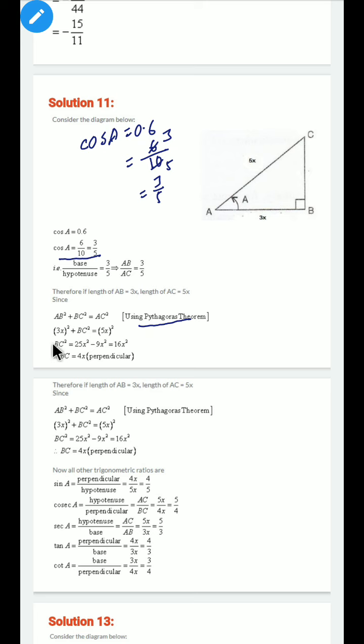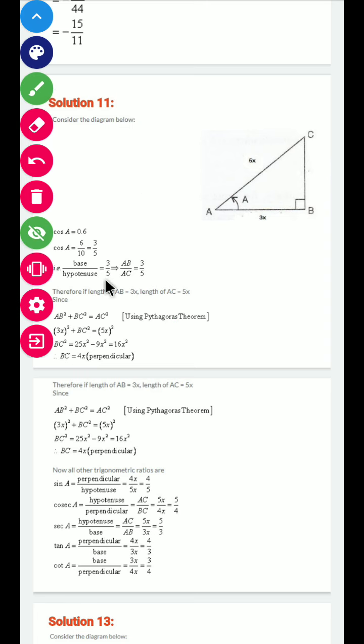By the Pythagoras theorem you can easily find out the value of BC. Now you know the value of BC is 4x. Now you have to find the other trigonometric ratios. That means you have to find out sin A, because cos A is already given, and cosec A, sec A, tan A, cot A. These trigonometric ratios you have to find out from here.